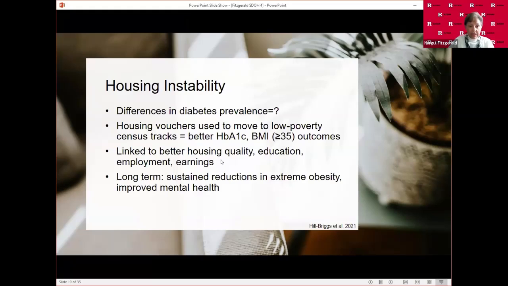And these outcomes were also linked to better housing quality, education, employment, and earnings being changed in the new environment. In the long term, they actually showed sustained reductions in extreme obesity and improved mental health outcomes.